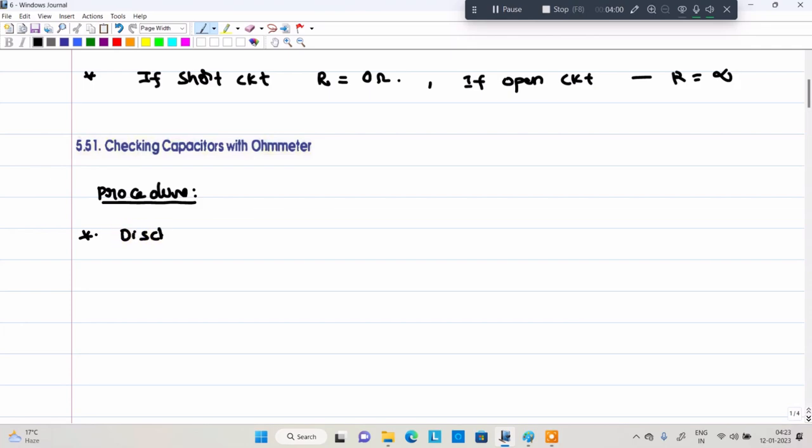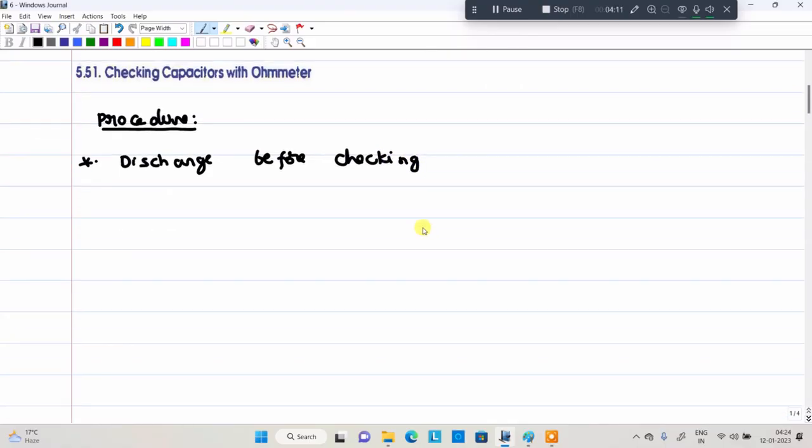So it should be discharged before checking. After that, second, make sure that the ohm meter's battery voltage does not exceed the working value of the capacitor.